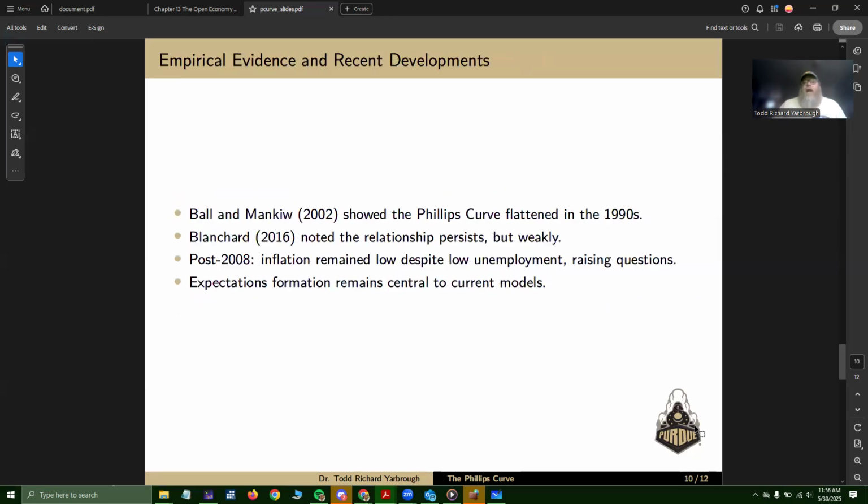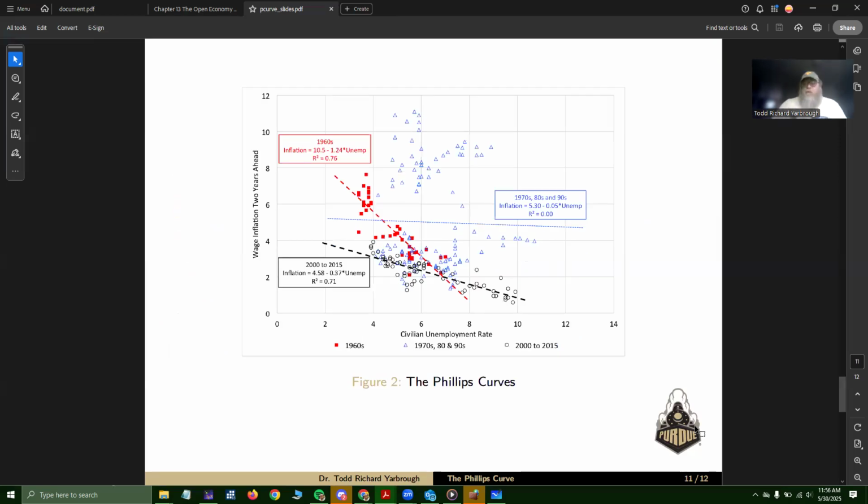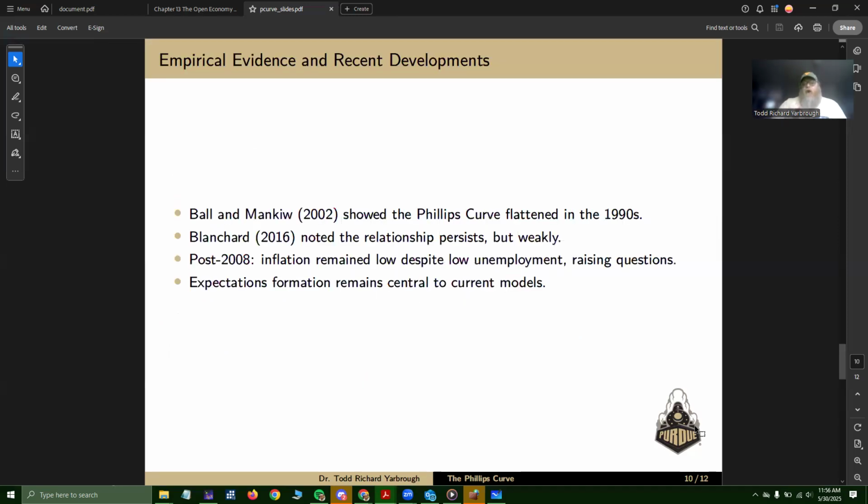And so a lot of the empirical work on the Phillips curve has been estimating it. And one finding, which I think makes a lot of sense, is that the Phillips curve has been flattening. It's continued to flatten over time. In particular, Ball and Mankiw and Blanchard show that there does seem to be this trade-off between unemployment and inflation, but it seems to be weaker now than it used to be.